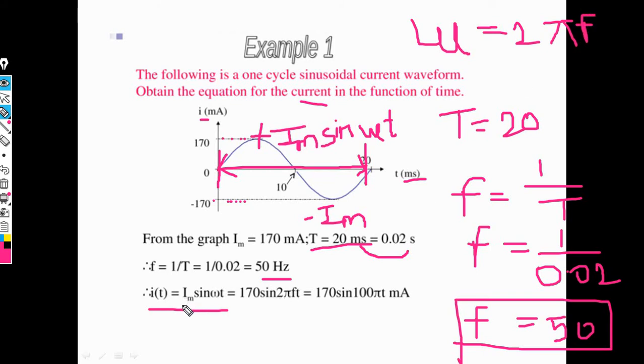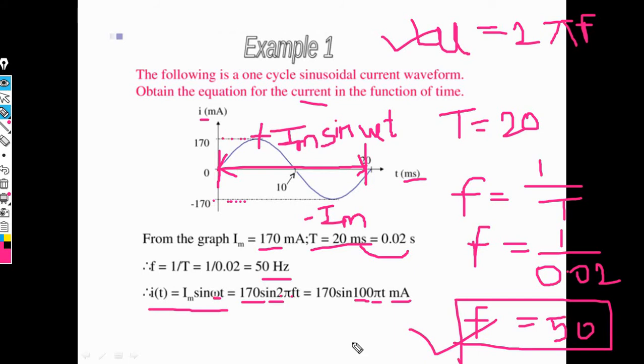Then for Im, we have considered the maximum value as positive, that is Im is 170 sine as it is, then omega is equal to 2 pi f, into t. We have obtained the frequency 50 hertz, then putting in 2 into 50, we get 100 pi t. This is the value in milliamperes.